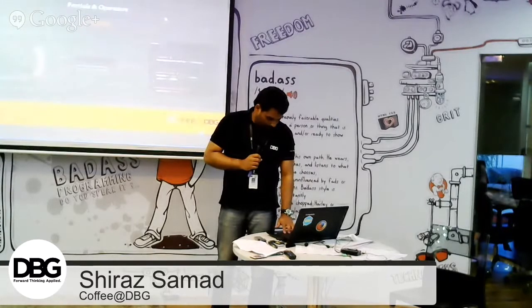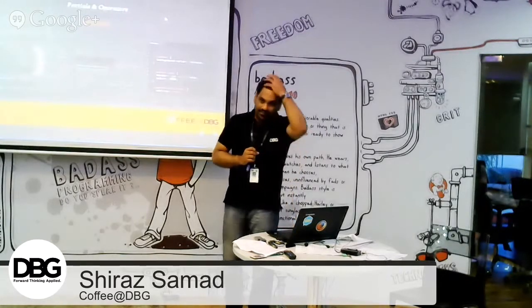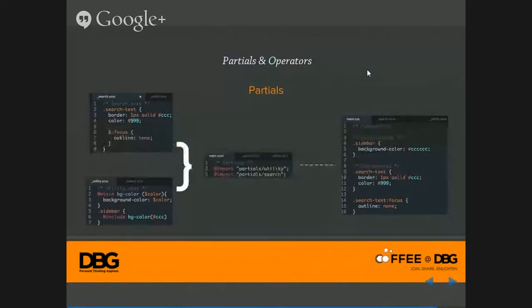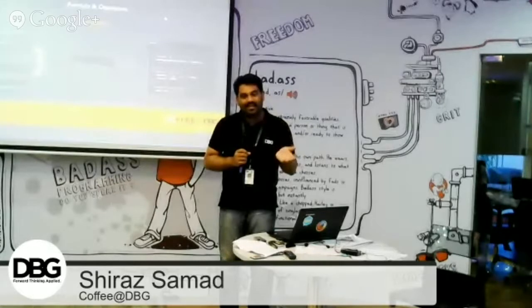And next is partials. Actually, have you guys used anything like SMACSS, BEM, or something like that? No, that's not a problem. What a partial actually does is it helps to include small snippets of CSS, SCSS inside another file.